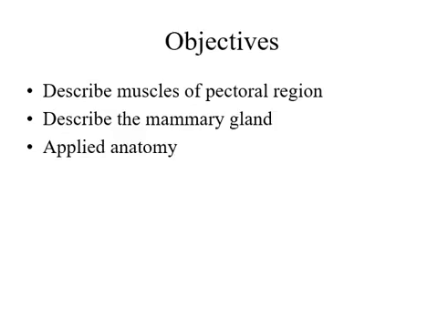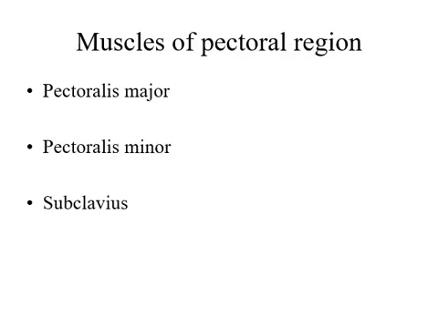So the objectives of today's session are to describe the muscles of the pectoral region, to describe the mammary gland, and lastly the applied anatomy. Now, which are the muscles of the pectoral region? There are three muscles: the pectoralis major, pectoralis minor, and subclavius.